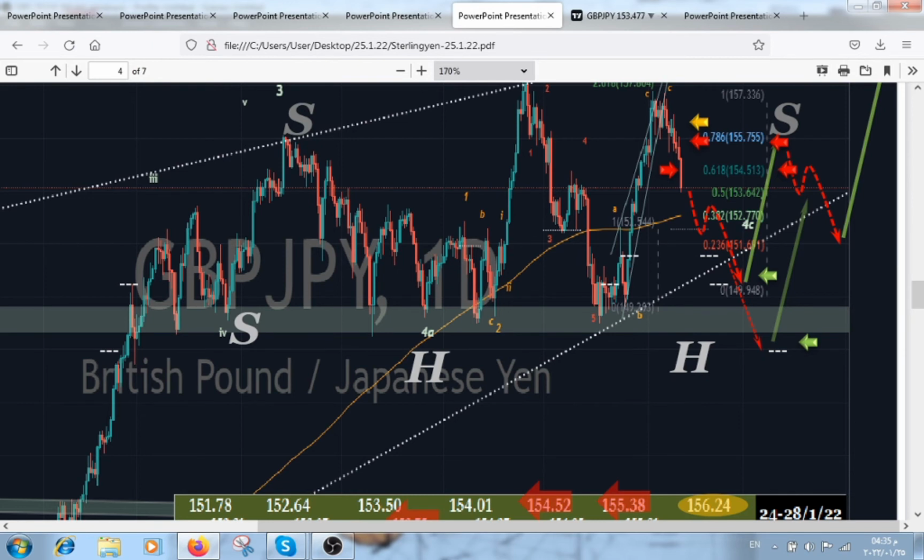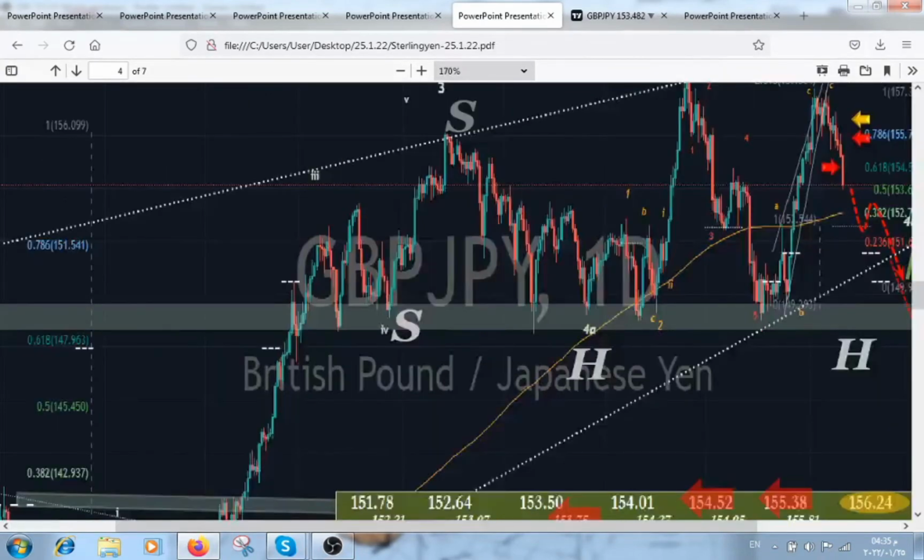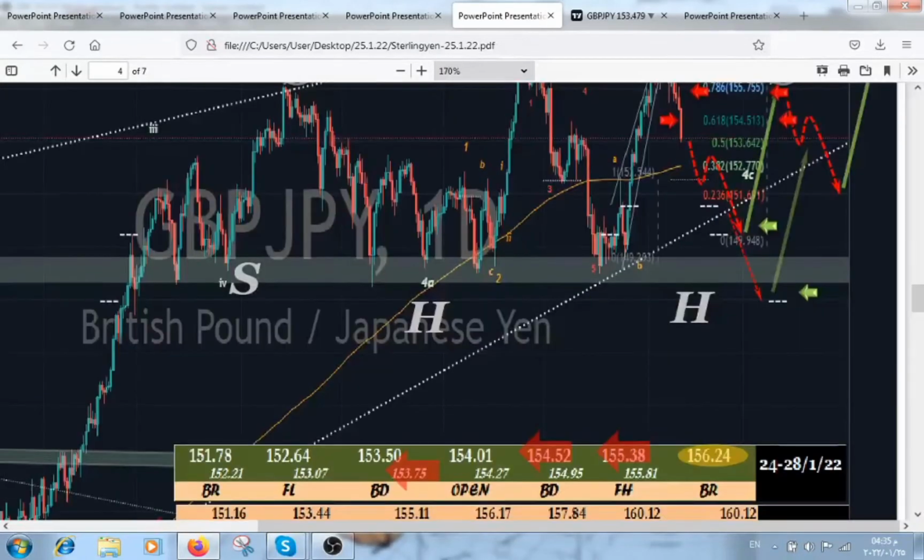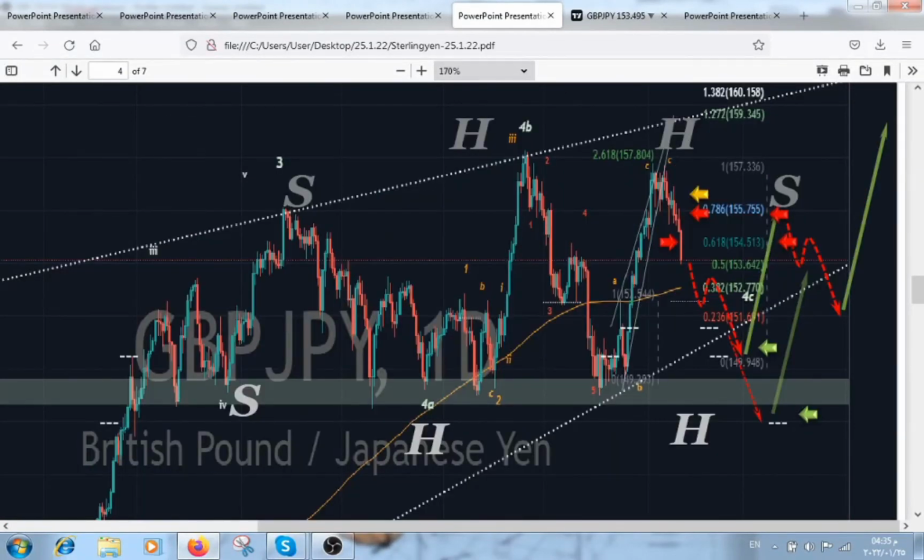All right, remember that stop at 155.75 means now that this is an internal 1-2, this is an extended 3, will take you all the way down to that dotted white line, 147 or 148 exactly, 147.96. Anything that you sell with a stop above 155.75 will make you profit gradually every day.